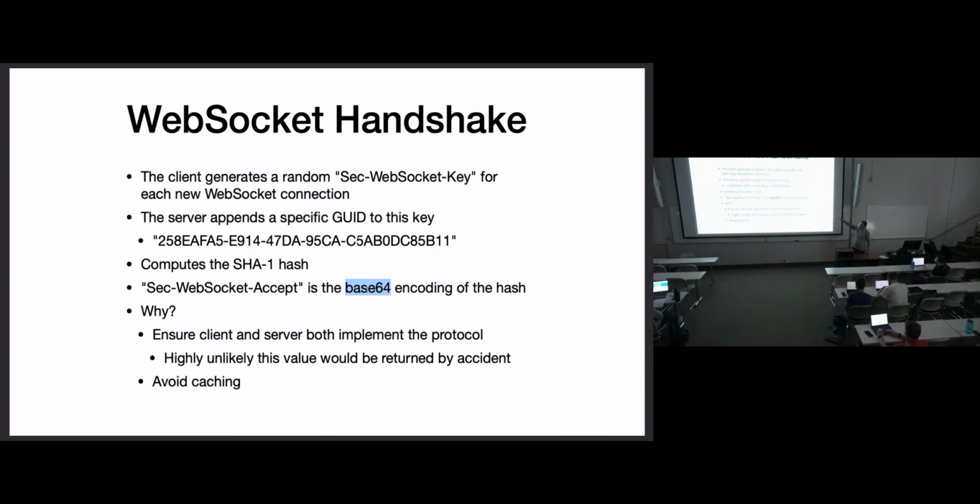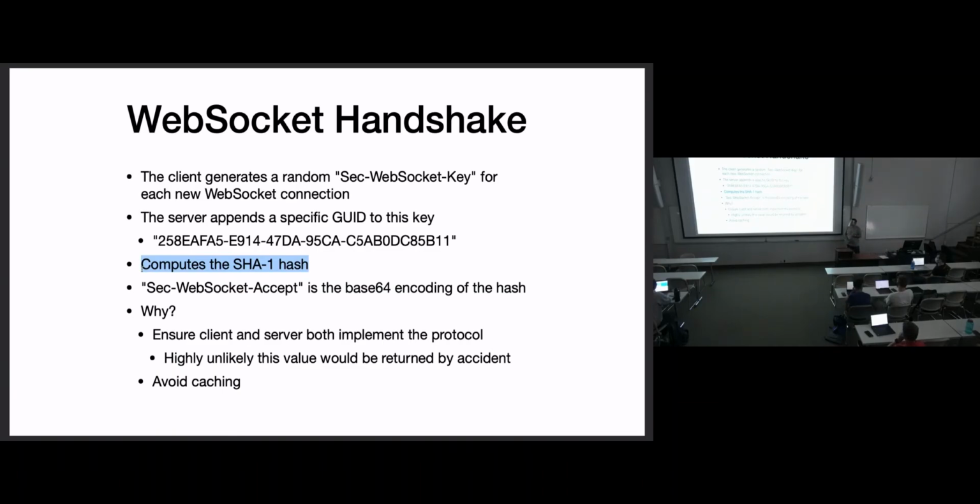But base 64 is going to solve that problem, taking random bytes, whatever byte sequence we have, and encoding it as a valid ASCII string. So the base 64 part is just to be able to get these bytes into the header. Don't ask me why they don't just take the hex values for the SHA-1 hash. I don't have a good answer for that.